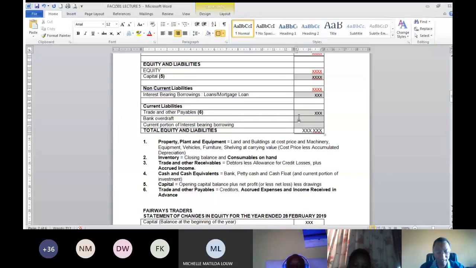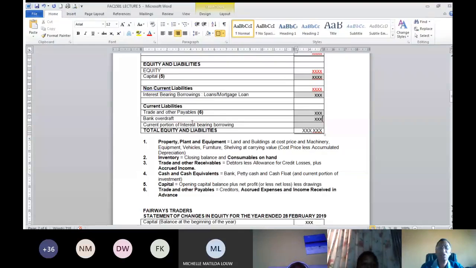If your bank has a debit balance, bank is classified as an asset, and therefore in your statement of financial position it will appear under your current assets, under cash and cash equivalents. However, your bank account can also have a credit balance, and if it does, it is listed as a liability. This is where you will show it.